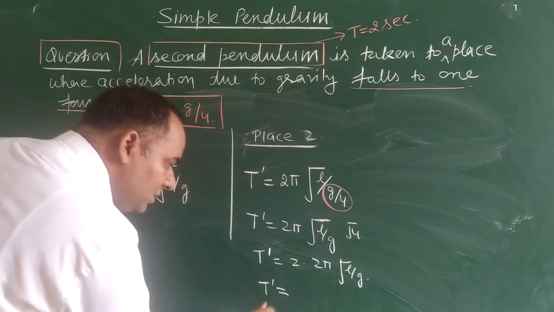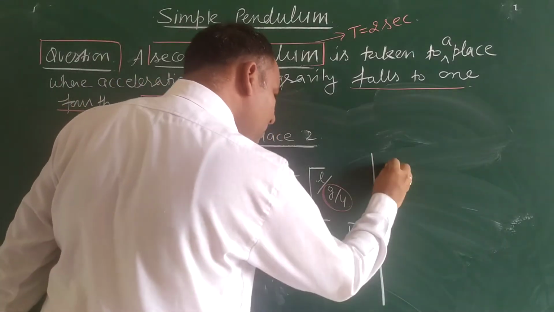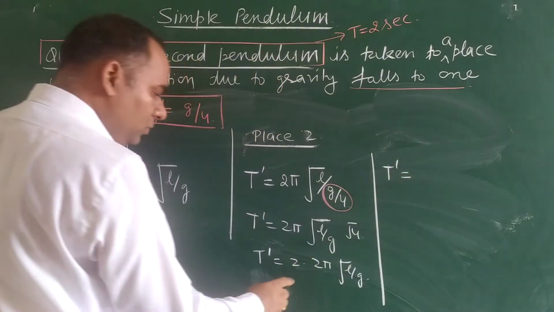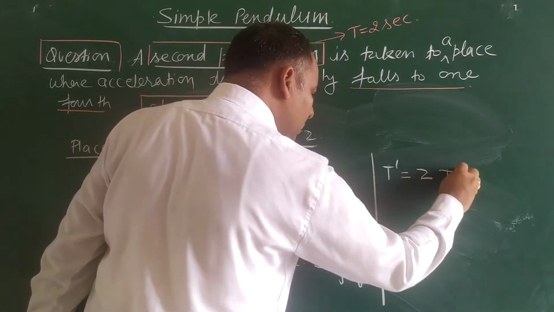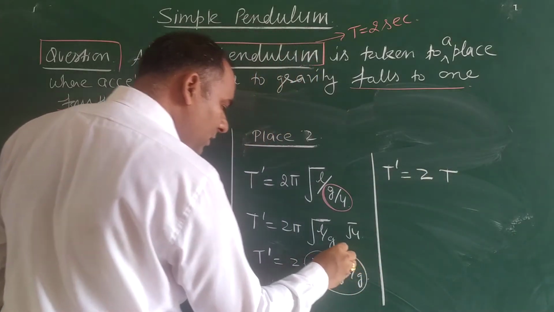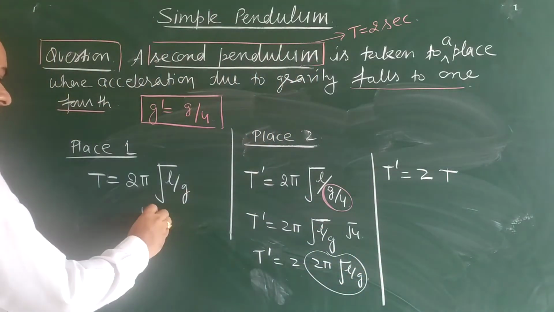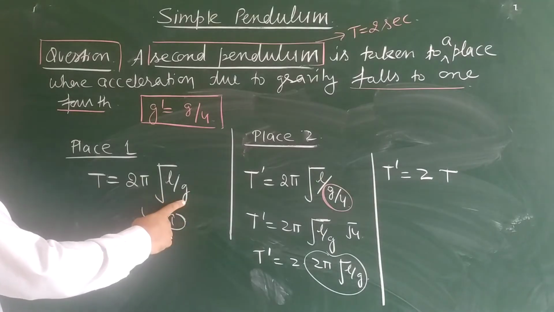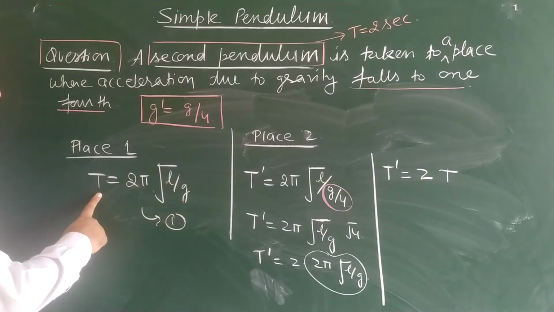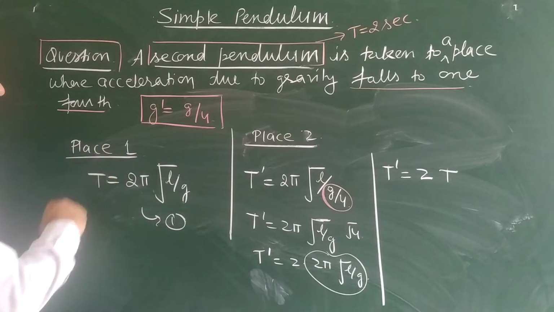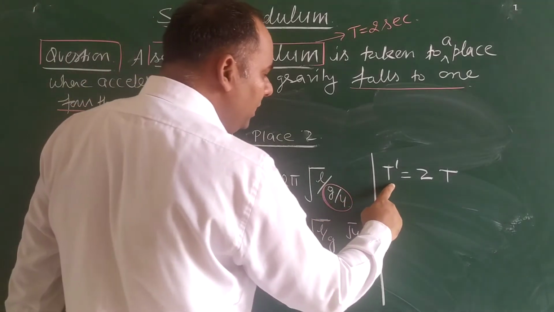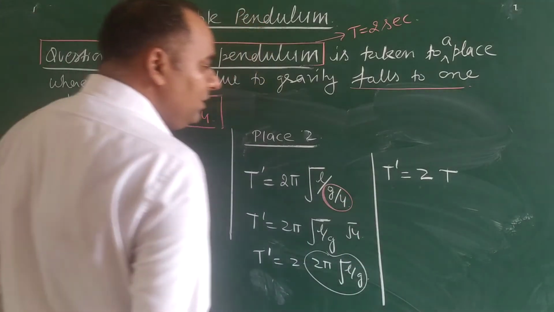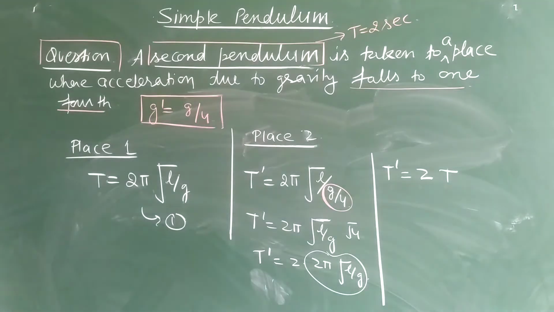So t dash is equal to 2 into t. This is your equation number 1. 2 pi under root L upon g is t, that is the time period at place 1. Therefore the time period at place 2 is double the time period of the second pendulum at place 1.